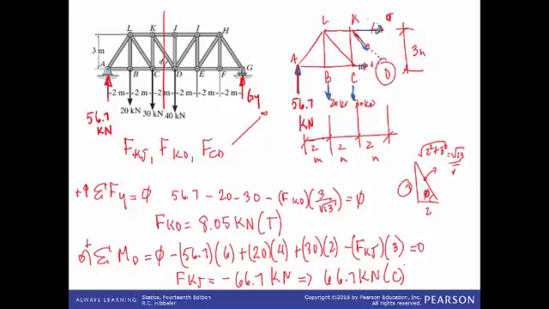Okay, so whenever I'm going to do the sum of the forces in X to find the force CD, which is the one that I'm missing, I can either leave this negative and just leave it like I have it in the free body diagram, or change it.